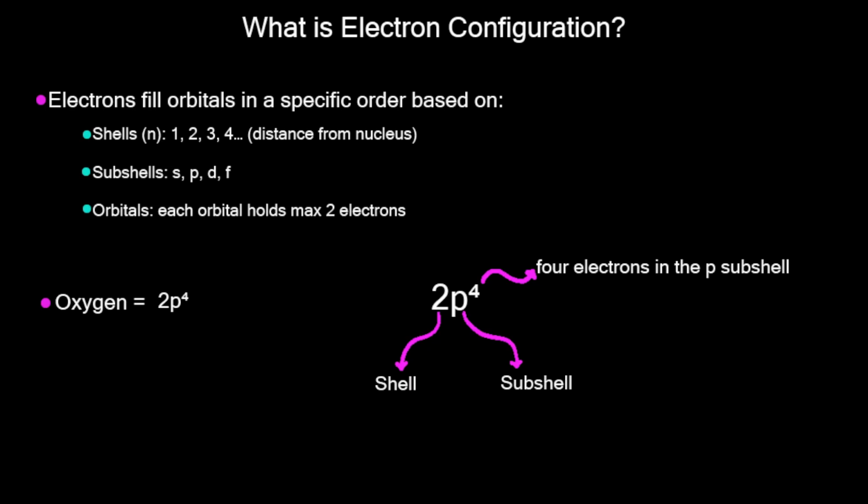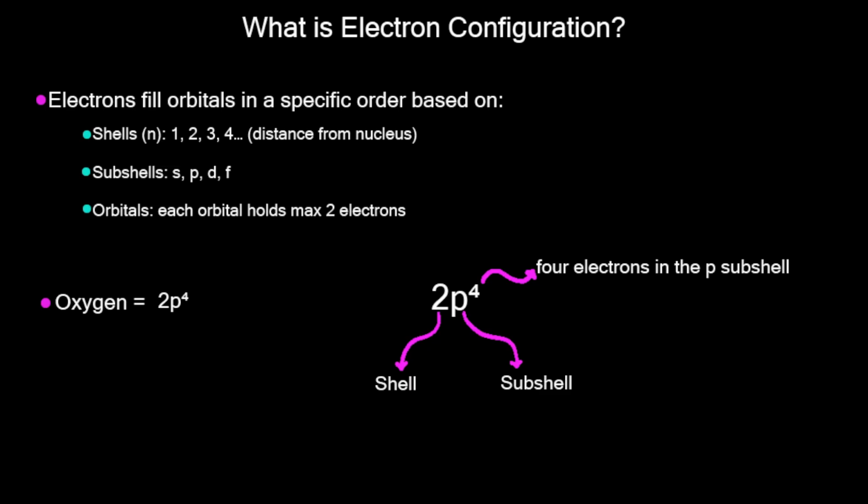Electrons fill orbitals in a specific order based on the shell number n, subshells, and orbitals. The shell number tells us the distance from the nucleus. The subshells are represented by the s, p, d, and f. The orbitals indicate the specific regions in space where electrons are likely to be found, and each orbital can hold a maximum of 2 electrons.